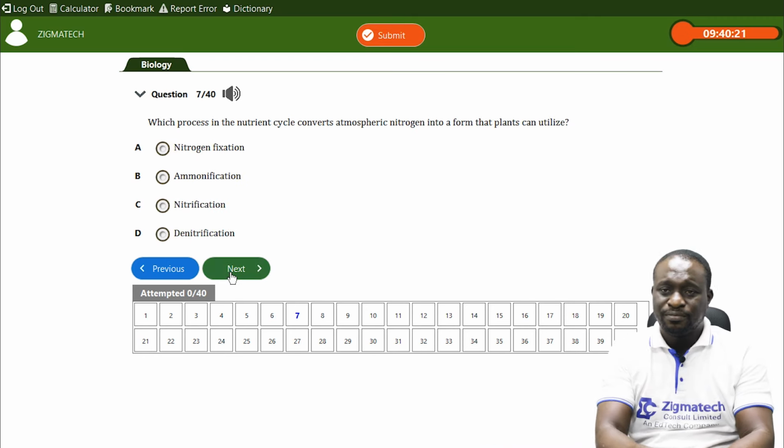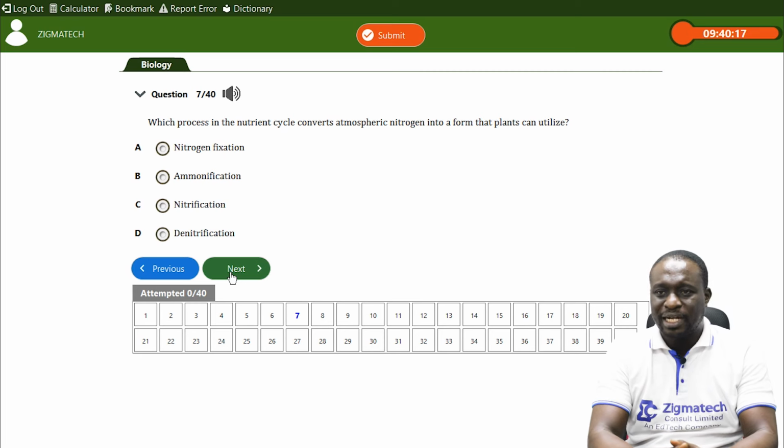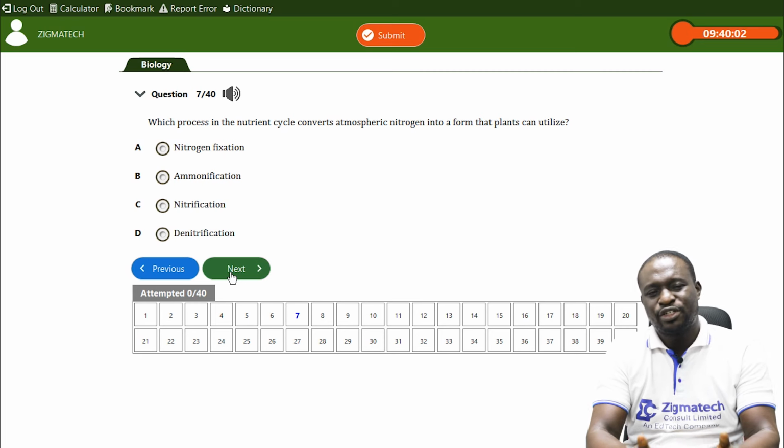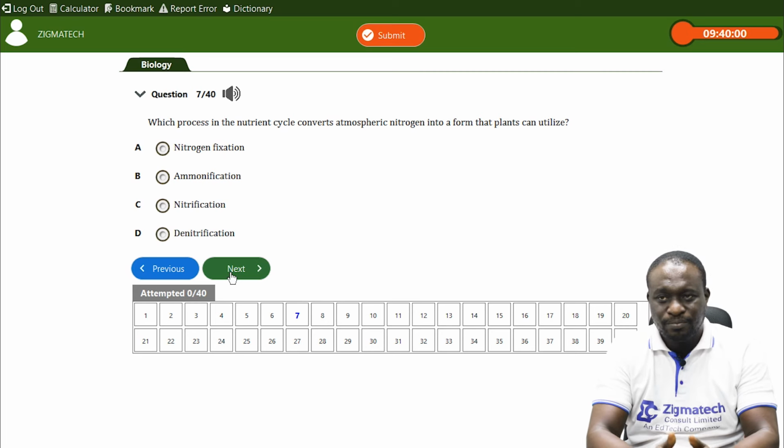Now, question 7, which process in the nutrient cycle converts atmospheric nitrogen into a form that plants can utilize? Now, nutrient cycling is actually the circulation of nutrients in nature. We have different types of nutrient cycling.